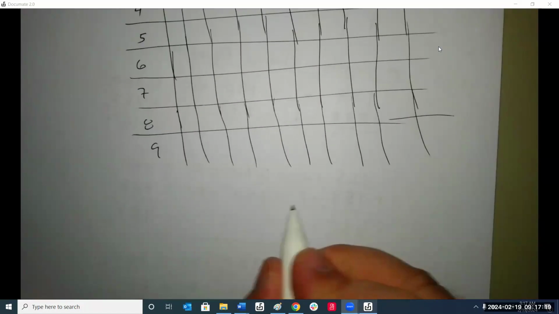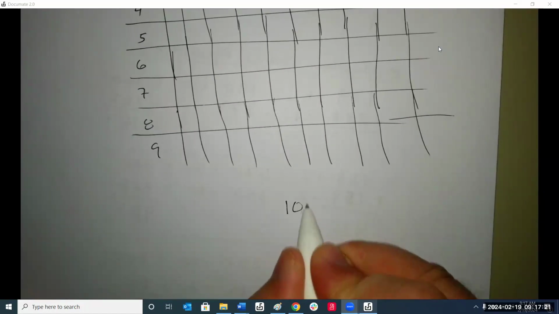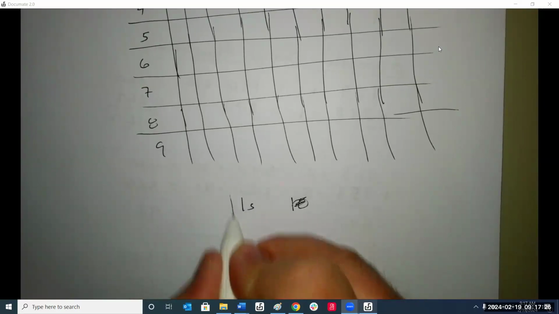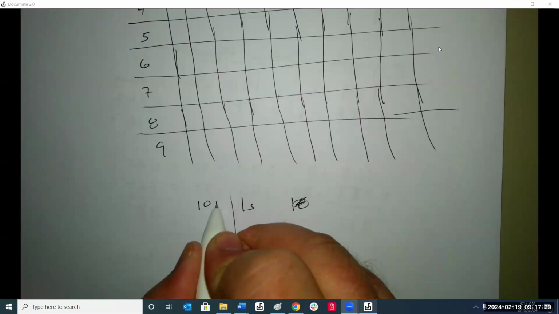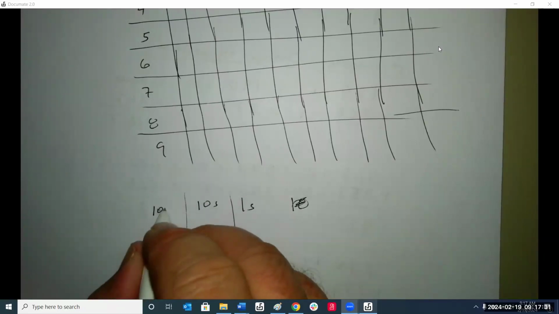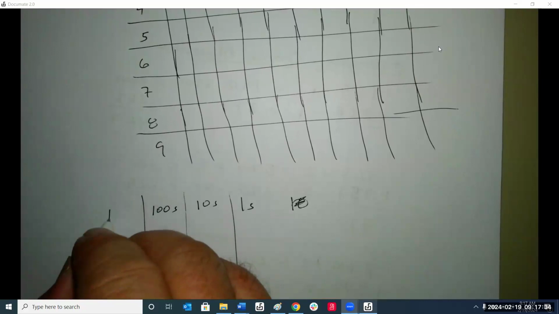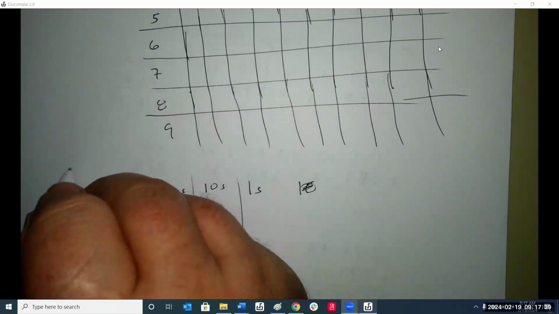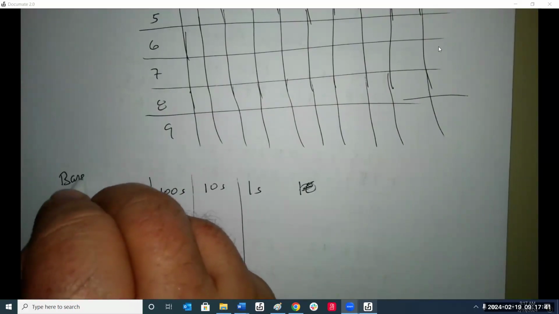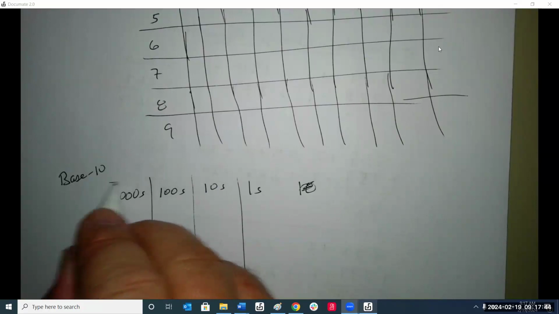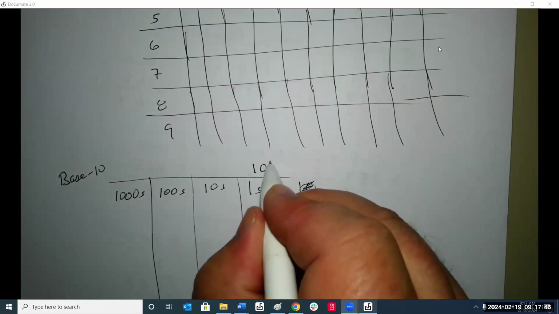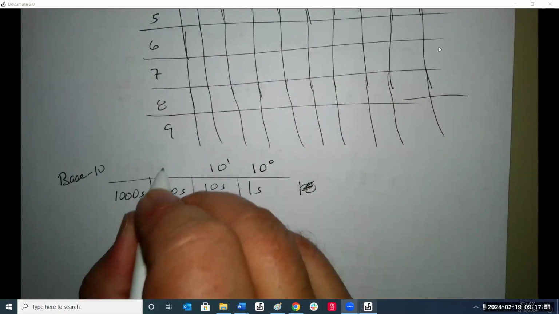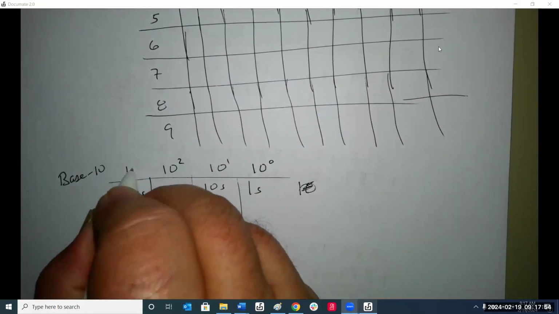Each one of our numbers, well, we have the ones column. We have the tens column. We have the hundreds column. We have the thousands column, and so on and so forth. Since we're base 10, this first column is 10 to the 0. Anything to the 0 is 1. This is 10 to the first, 10 to the second, 10 to the third.